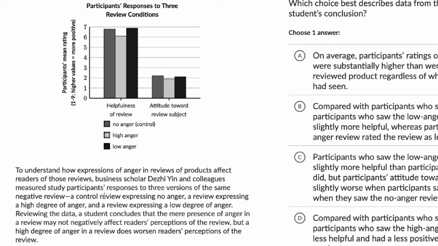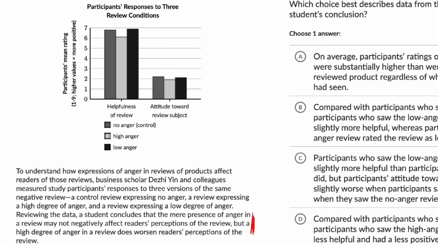There is a control review expressing no anger, a review expressing a high degree of anger, and a review expressing a low degree of anger. Reviewing the data, a student concludes that the mere presence of anger in a review may not negatively affect readers' perceptions of the review, but a high degree of anger in a review does worsen the readers' perceptions of the review.